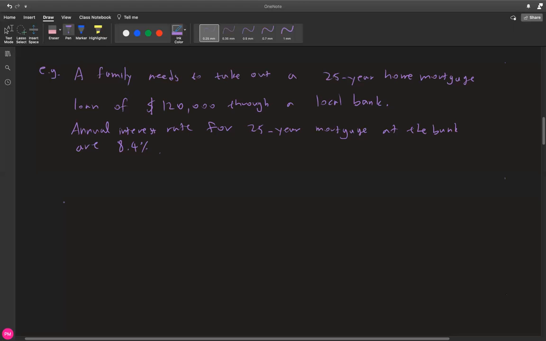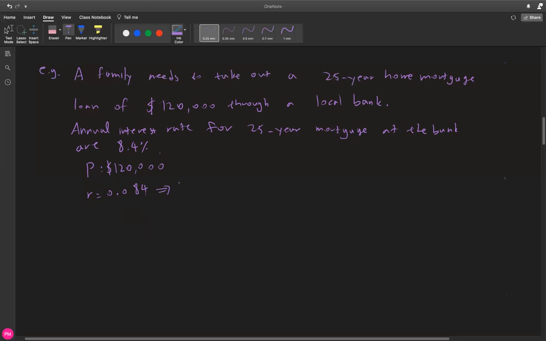We've actually done this several times already, so we should be able to do this pretty quickly. Let's first write down everything we know. First of all, the amount: they're taking out a loan of $120,000. We're given the APR is 8.4%, so it's 0.084.